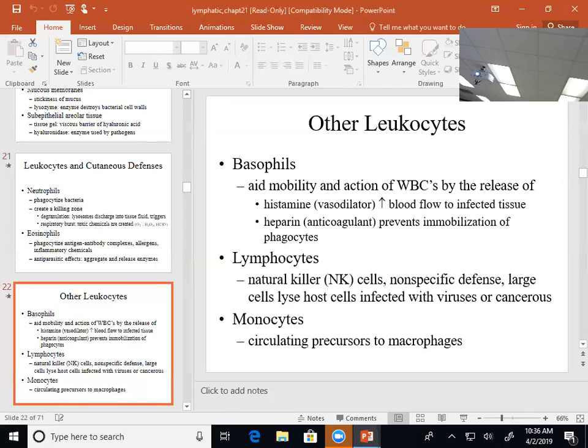Lymphocytes, we said, are going to fight against viruses, just one virus or any kinds of viruses, and even cancer cells. It's kind of normal that cells are losing their life cycle controls at any given time. But that's okay, because we have these lymphocytes circulating around that are kind of non-specific.